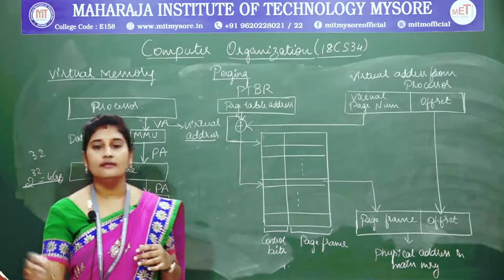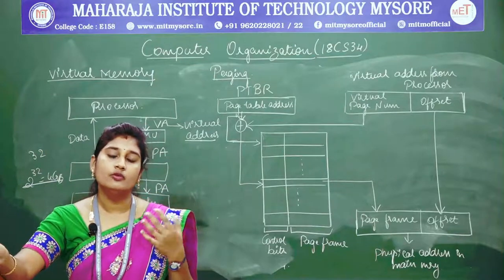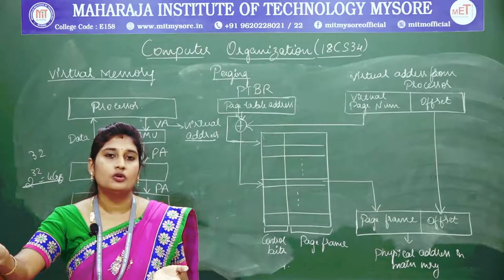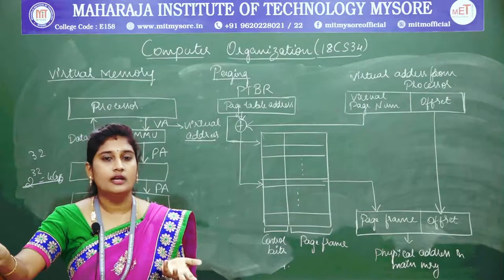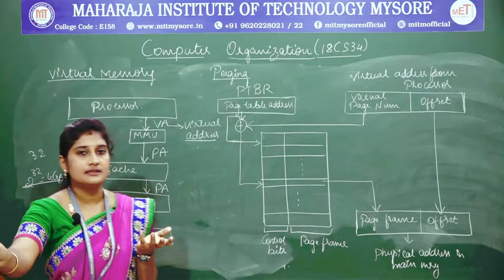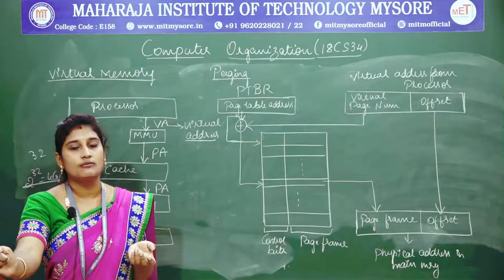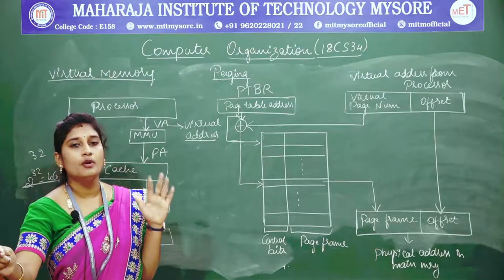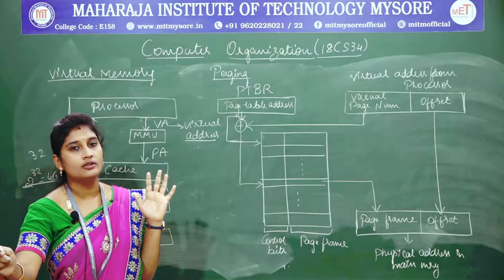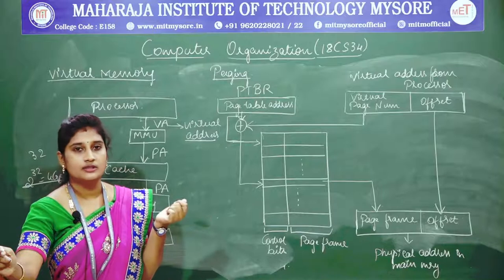Now you will view the memory of a computer system not as a smaller one. You will not worry about the memory system as it is; you will have the concept of virtual memory. You can add as many instructions as you need to execute in your computer system.